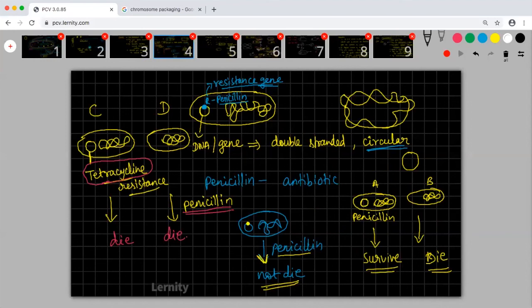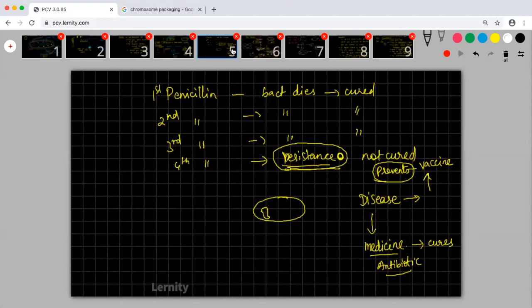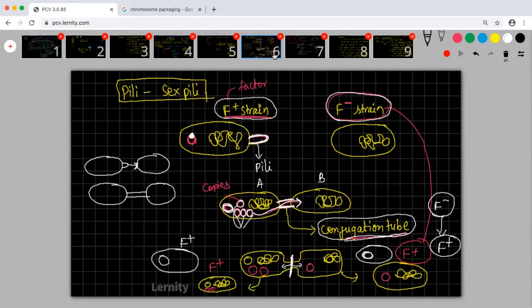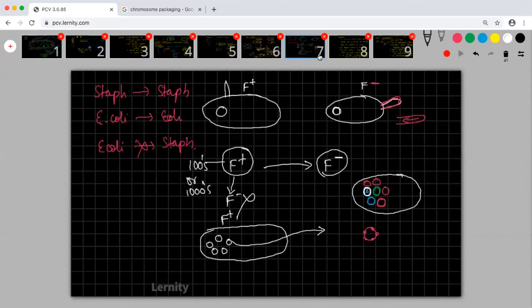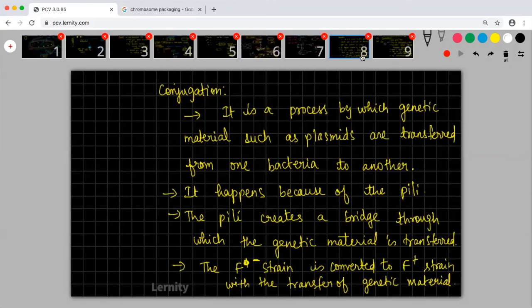Then you have slide 4, slide 5, slide 6, slide 7, slide 8, then slide 9.